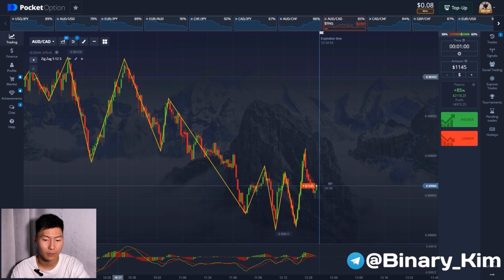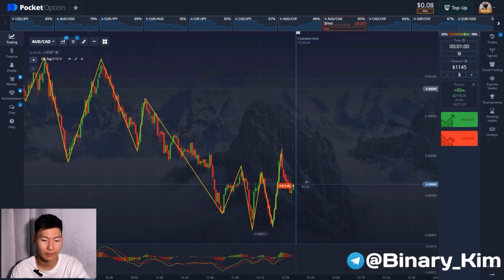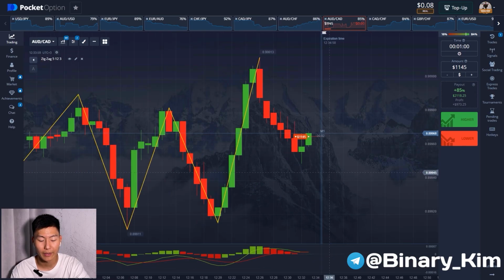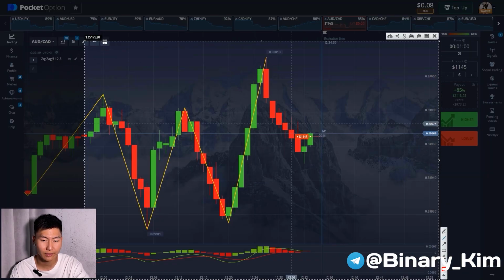So let's have a look. First of all, we pay attention to this downtrend, and the price went into a small upward correction, and obviously the price should go down. We see the intersection on the MACD.